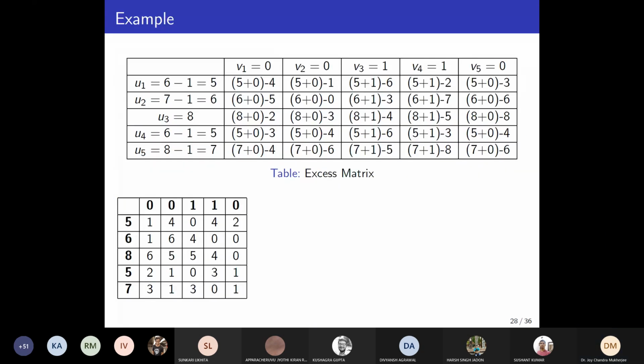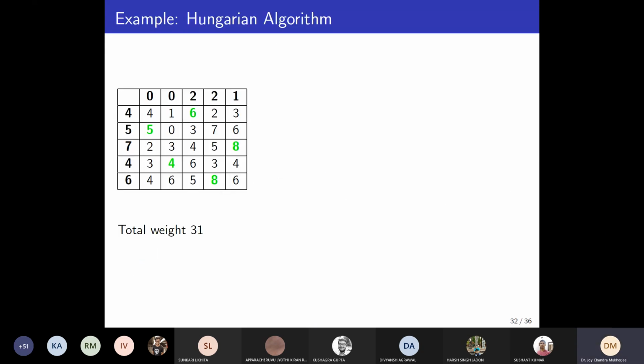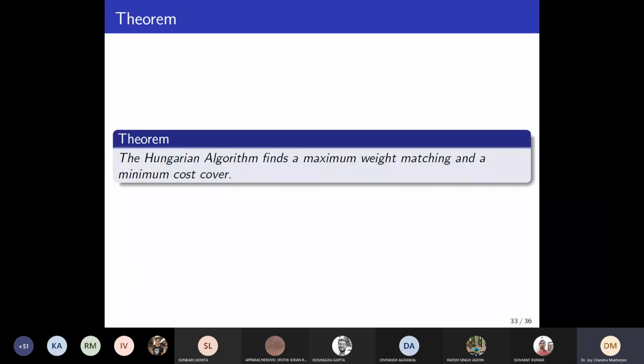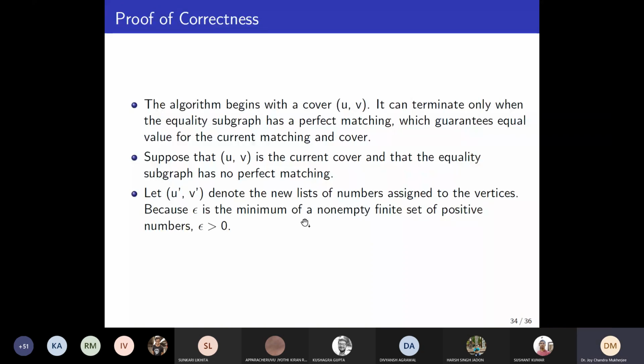So, the weights have come here. Now there is the proof, I have already explained the proof. The Hungarian algorithm just finds a maximum weight matching at a minimum cost cover. So the algorithm begins with a cover uv. It can terminate only when the equality subgraph has a perfect matching, which guarantees equal value of the current matching and the cover.